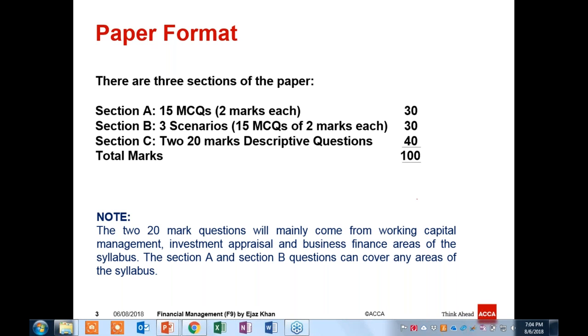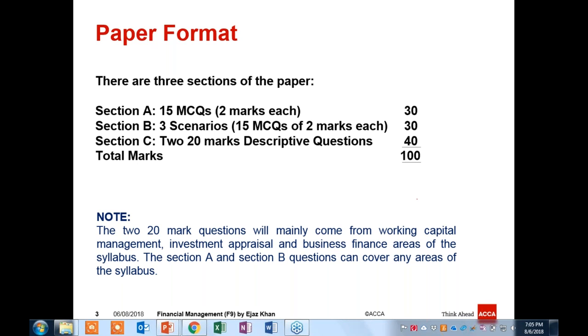Each of them will have 20 marks, and these 2 questions will actually be attempted either by way of using spreadsheets, or you will have a word processing workspace given in the exam in which you have to type your responses. So there will be a total of 40 marks available in this section.